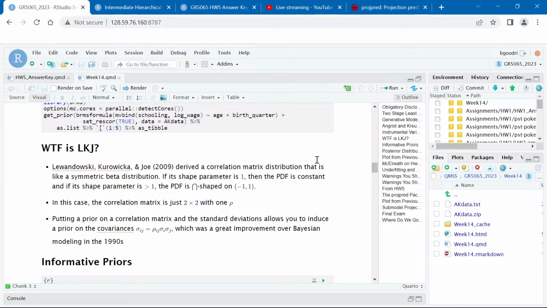So if that shape parameter is 1, then this PDF over correlation matrices is going to be constant. It's the same value for all valid correlation matrices. And if the shape parameter is greater than 1, then the PDF is going to be kind of like an upside down U-shape, with a mode on the identity matrix. So at the mode, all the correlations are 0, but they're allowed to randomly depart from 0. So anyway, Lewandowski, Kurowicka, and Joe derived this probability distribution for correlation matrices.